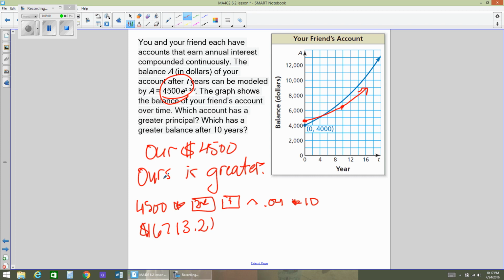So ours is a greater principal, and then the friend has a greater balance. Okay, if you're having problems with your calculator, make sure you ask.